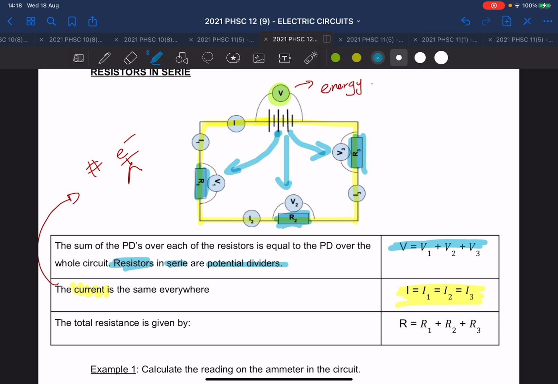So you have to add them together to get the total volts. Okay, and then if we need to get the total resistance, we just add them normally.